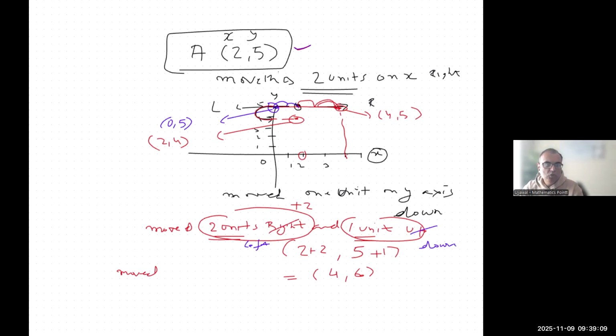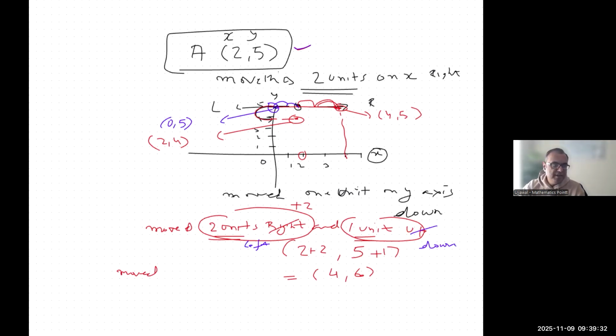I am now 2 units on the left, 1 unit down. Zero, comma 4. Good job.